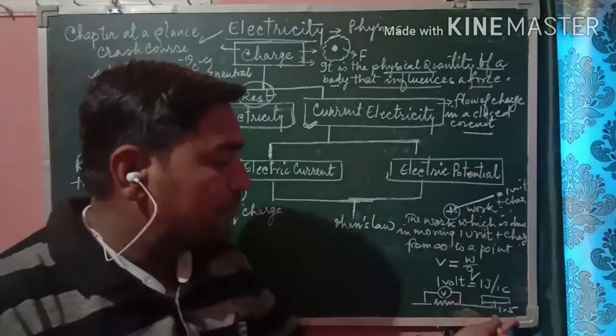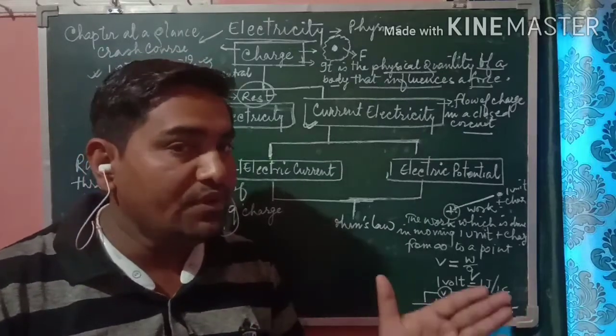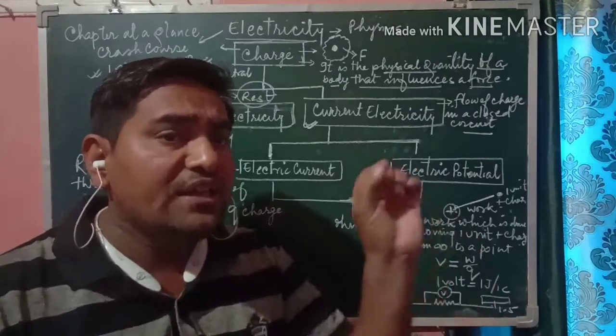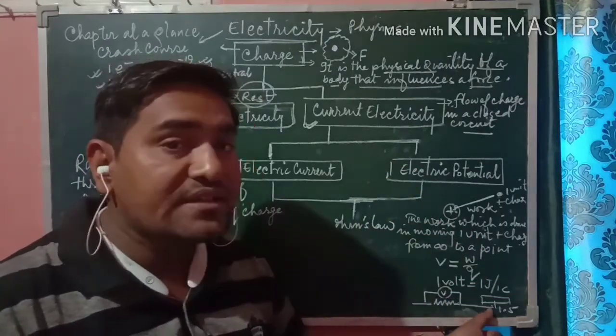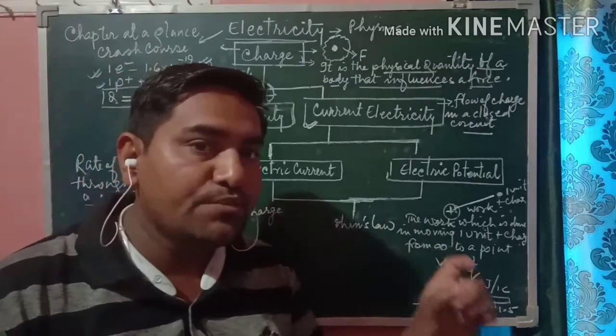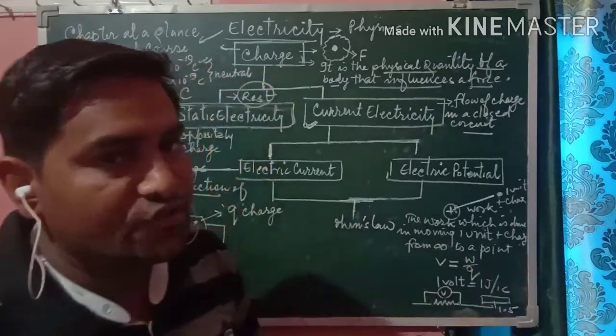So that's why it is said to be 1.5 volt. In an electric circuit, potential difference is produced by a cell or a battery. A battery is the device that produces potential difference across the ends of the wire.